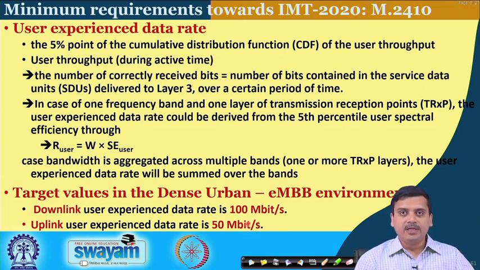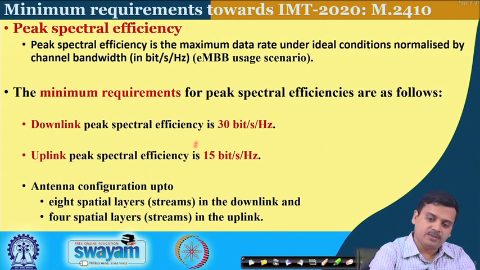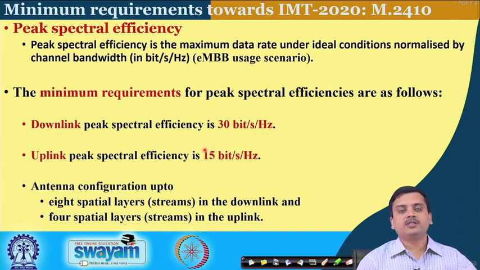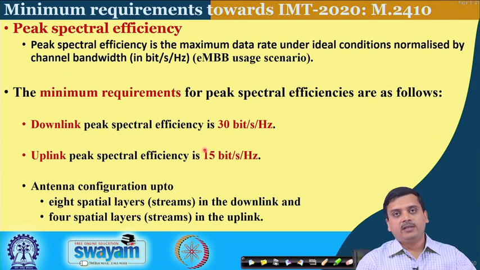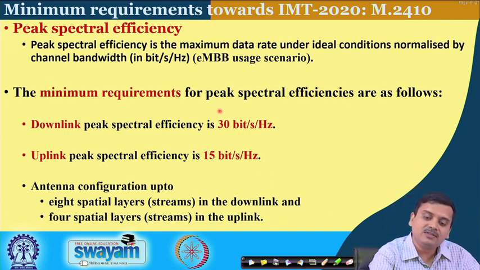Now, these are pretty large numbers compared to what was available in the previous generation systems, and clearly if you compare these spectral efficiencies, in IMT-Advanced you would remember that peak downlink spectral efficiency was 15 and uplink was 6.75, whereas here both the numbers have become almost double. And at the same time we may recall that LTE-Advanced was supporting these figures.